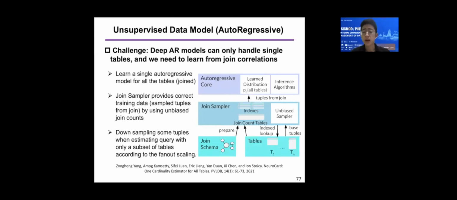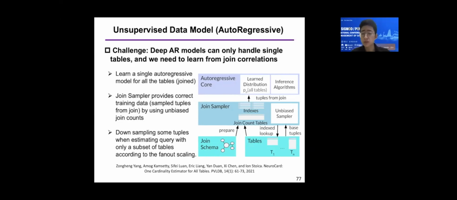So, as we see, the deep AI models can only handle single tables, and then we need to learn from join correlations. This method has solved the problem by being both a deep AI model and a join sampling method. First, it learns a single autoregressive model for all the tables. Second, the join sampler provides correct training data, like sampling tuples from the join, by using the unbiased join counts.